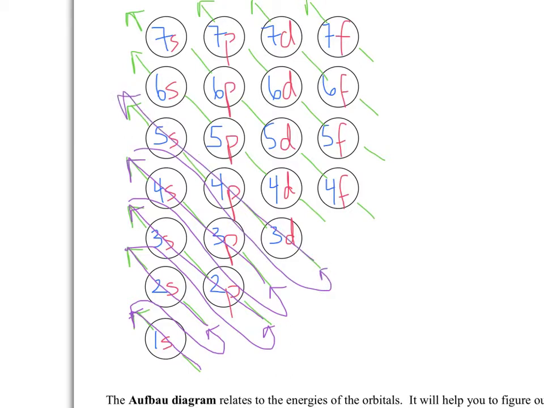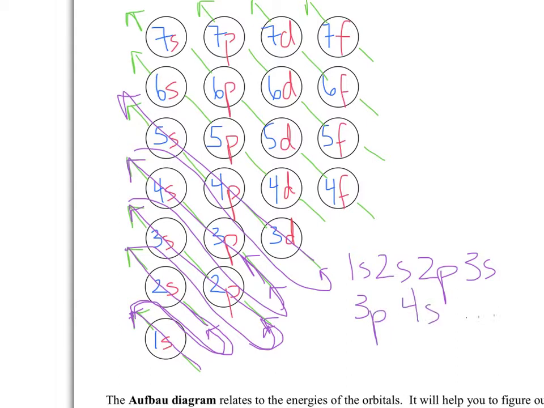So by that, we can see that we start with 1s, and then the arrow brought us to 2s, and then to 2p and 3s, and then to 3p and 4s, and so on.